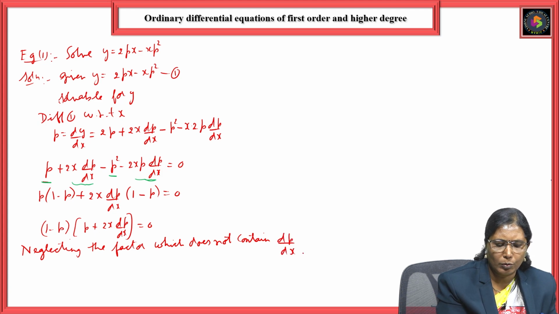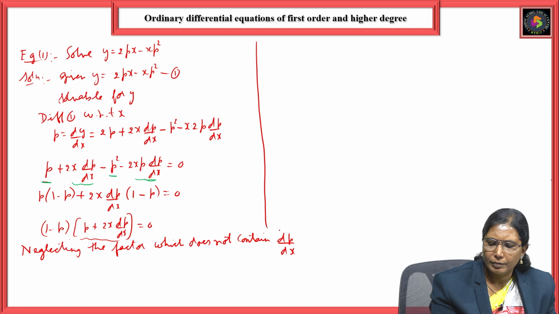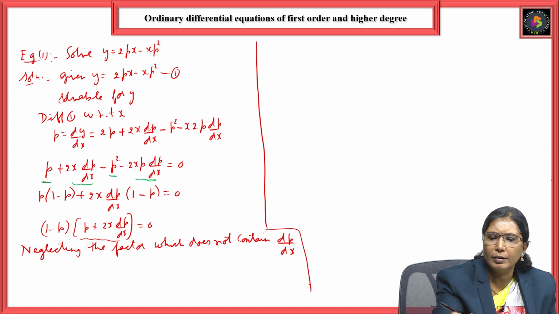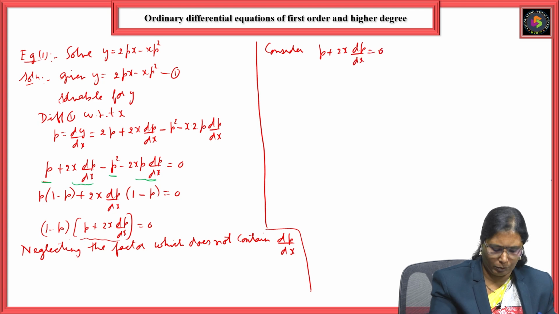So what should you consider? Only this term. Consider p plus 2x dp by dx is equal to 0.